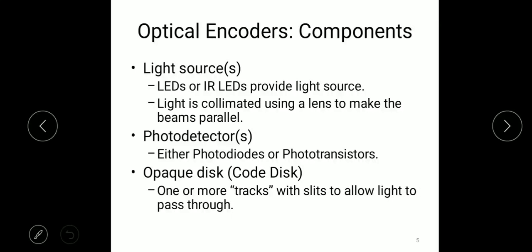Also important, we need a photodetector, either a photodiode or a phototransistor, which senses the light and converts it into an electrical or electronic signal.